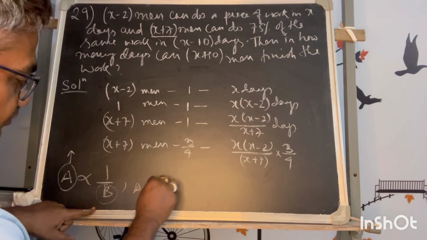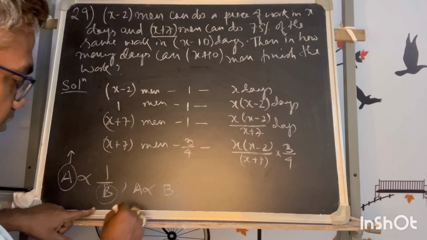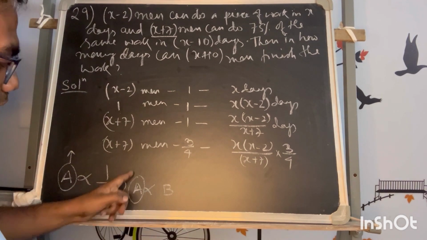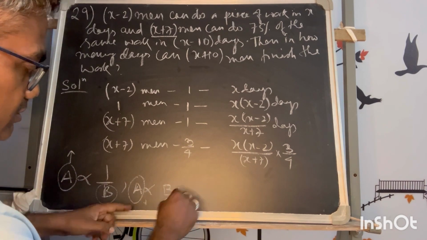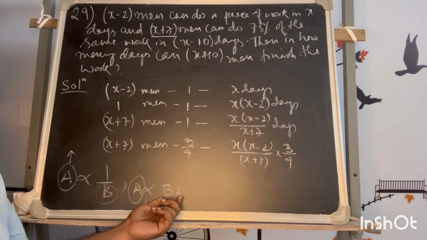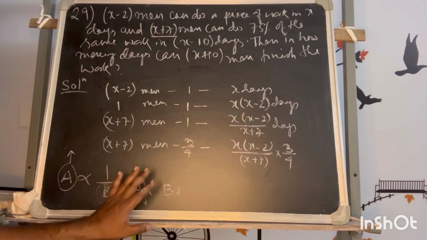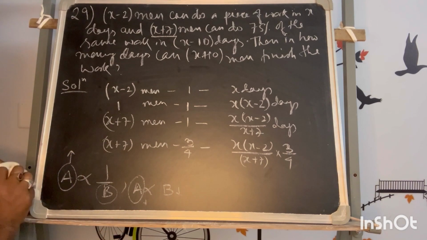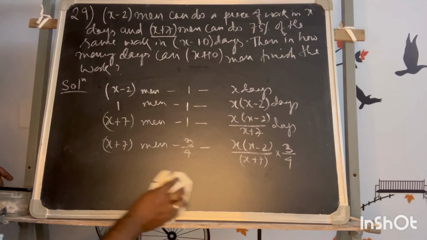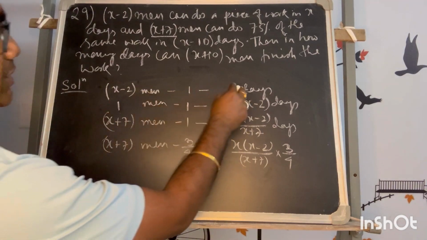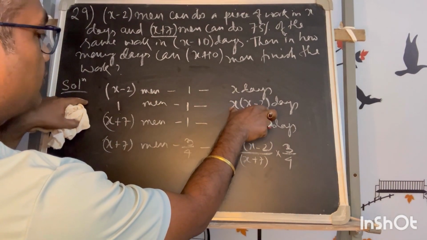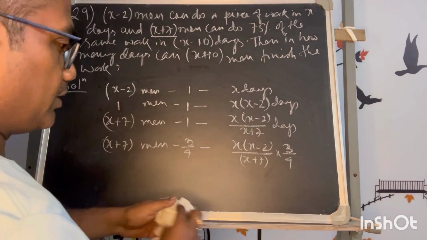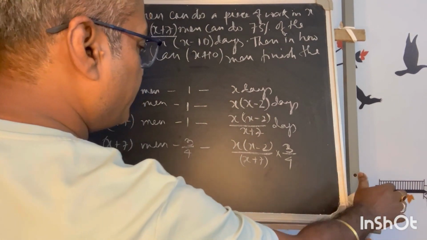But if A and B are directly proportional, when A increases, B also increases; when A decreases, B decreases. So this has to be kept in multiplication form. So there is the relation you have to understand. This is the most conceptual thing. When things are related inversely, then by multiplying you have to get the dependent variable.